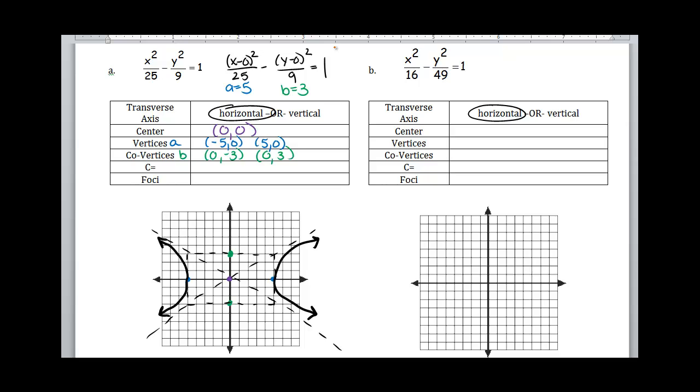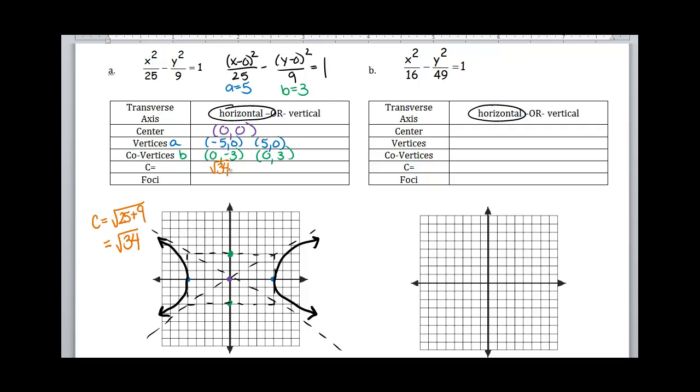Now that we have those drawn, I would go ahead and figure out c. Again, c is going to be found from taking the square root of a squared plus b squared, so 25 plus 9. And so here, 25 plus 9 is going to be 34, and I cannot simplify the square root of 34, so I would leave it as square root of 34.